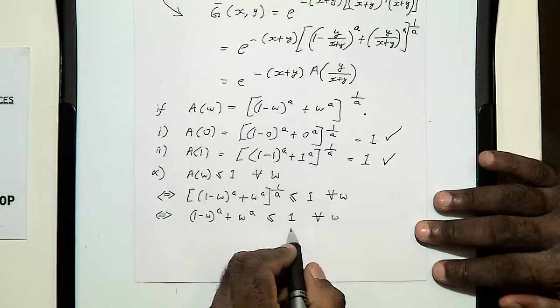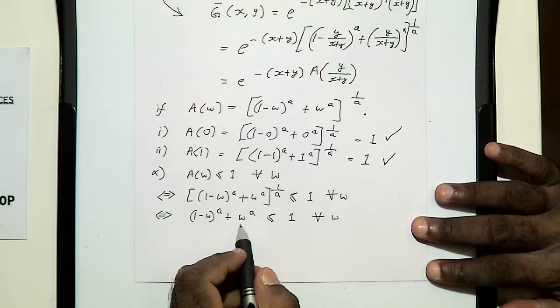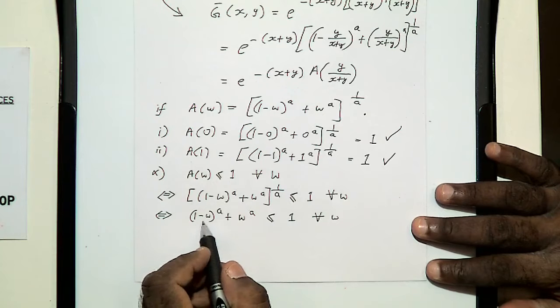Now this is true because omega is a number between 0 and 1.